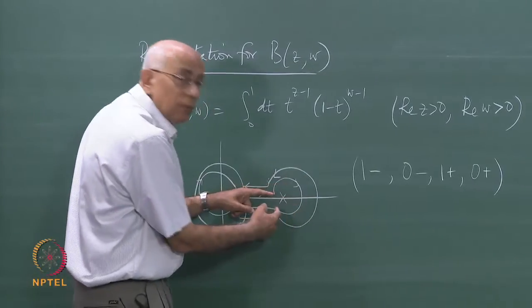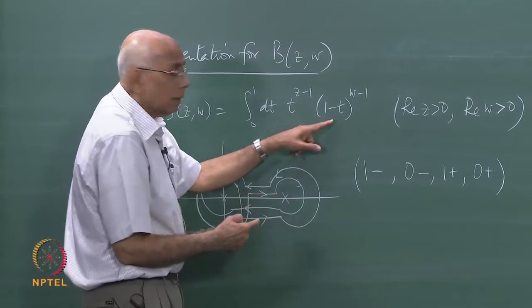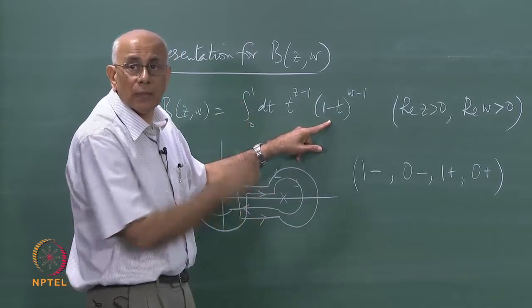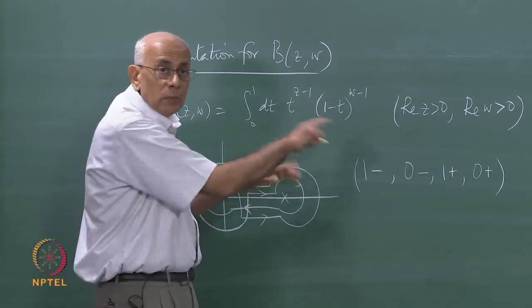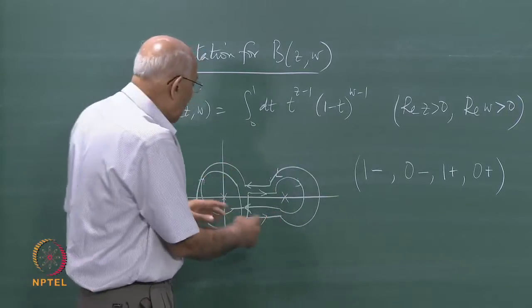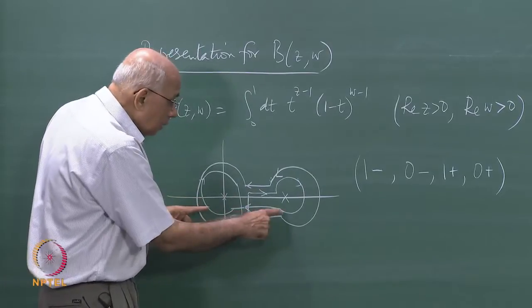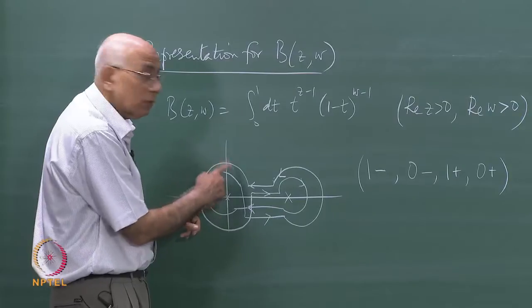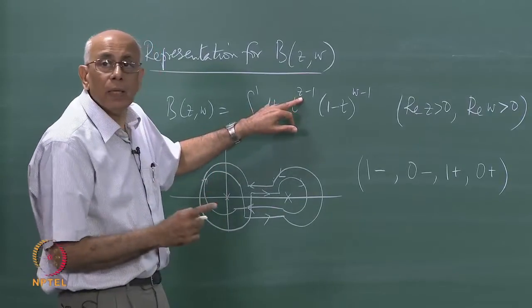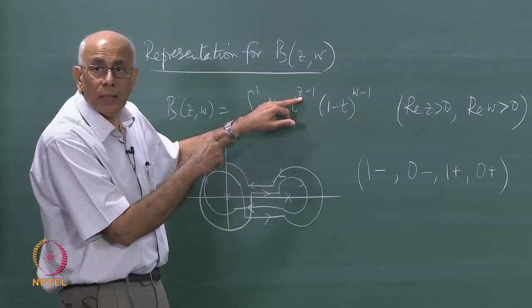When I went round in this fashion, this factor here picked up a phase factor e to the minus 2 pi i w, minus because I went round the wrong sense, and once I came down here and went round this in the negative sense, it picked up a factor e to the minus 2 pi i z.